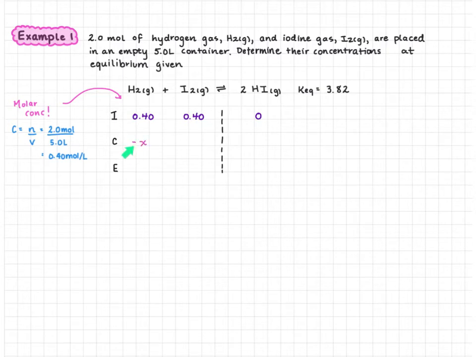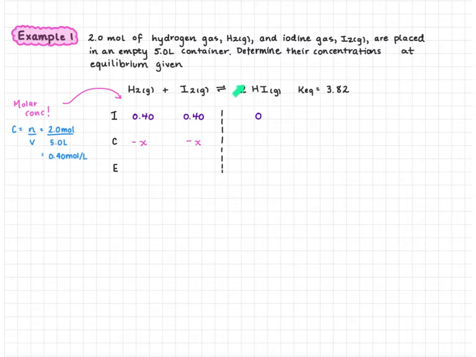So the change in hydrogen is going to be negative x. It's going to be negative because we start with some reactant and we start with 0 product. So we must decrease our concentration of our reactant and increase the concentration of our product. There's a 1 in front of the x because there's a 1 in front of hydrogen. There's a 1 in front of iodine, so our change of iodine will be negative x as well.